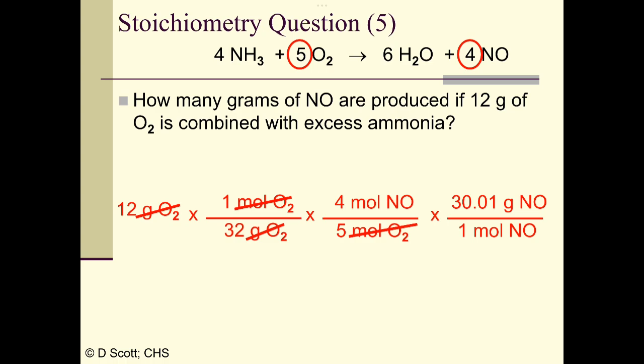So there again, you divide 12 over 32, and then you multiply by the quotient of 4 over 5, and then you multiply by 30.01 grams of nitrogen oxide to give you an answer of 9 grams of nitrogen oxide.